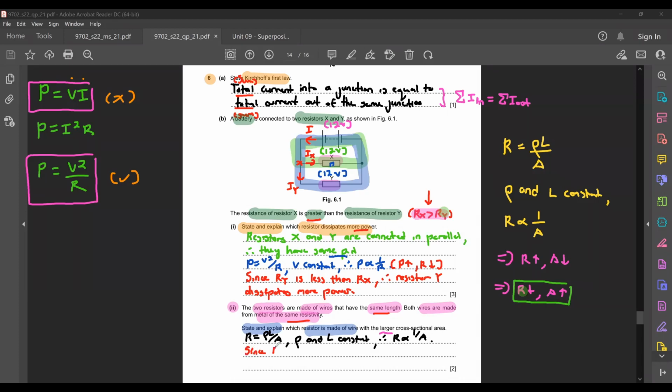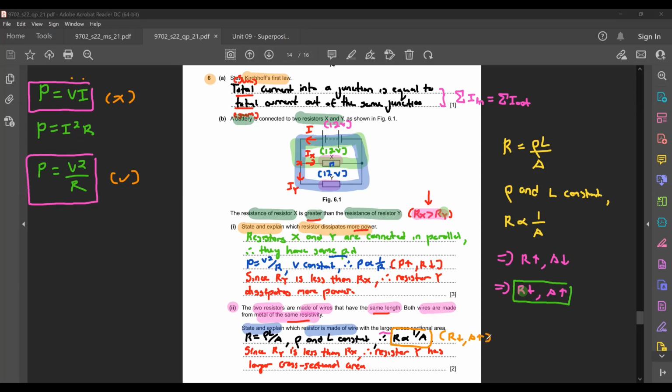Since Ry is less than Rx, therefore resistor Y has larger cross-sectional area. Okay, because from this relation here where we say that R is inversely proportional to A, we know that if R is small, area will be big.